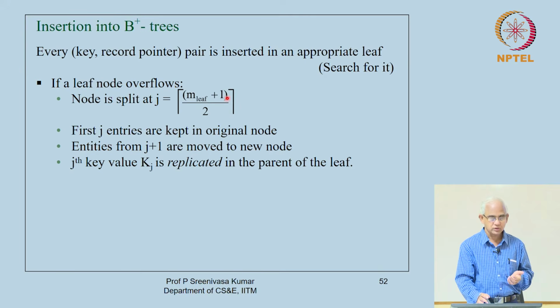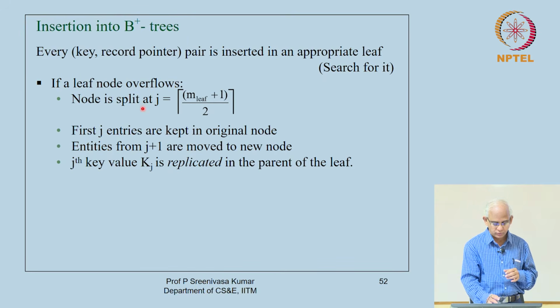Suppose it overflows: it already has a huge number of record pointers, and now you are inserting one more. When there is an overflow, what we do is take that leaf and cut it in half. So, the node is split at j.